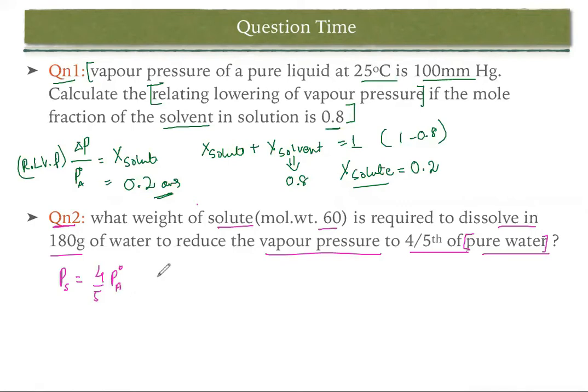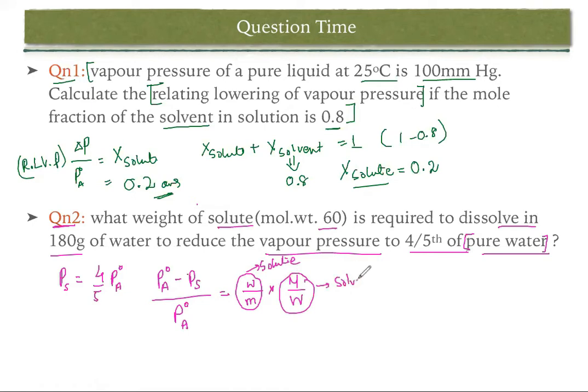We know the formula: PA naught minus vapor pressure of solution divided by vapor pressure of the pure solvent is equal to small w by small m into capital M by capital W. This is the mole of solute and this is the mole of solvent.